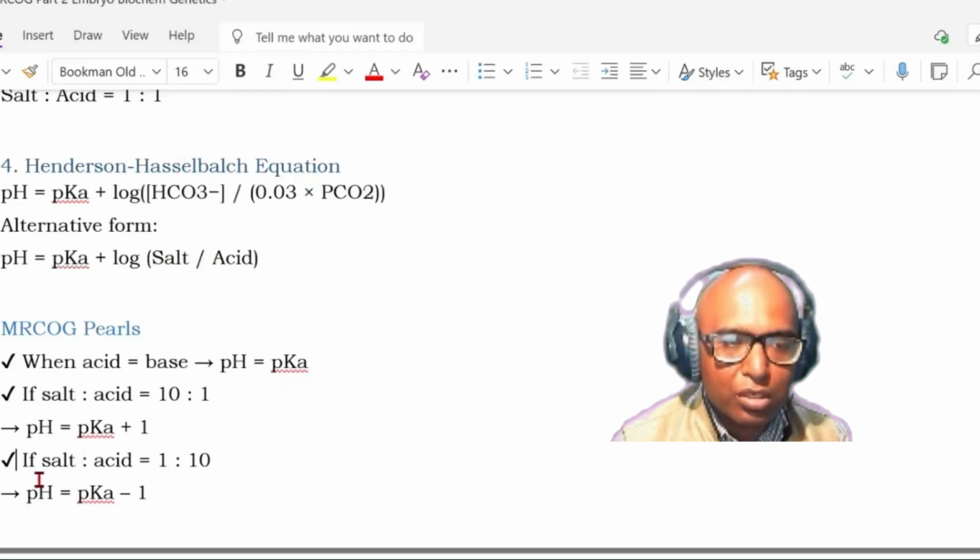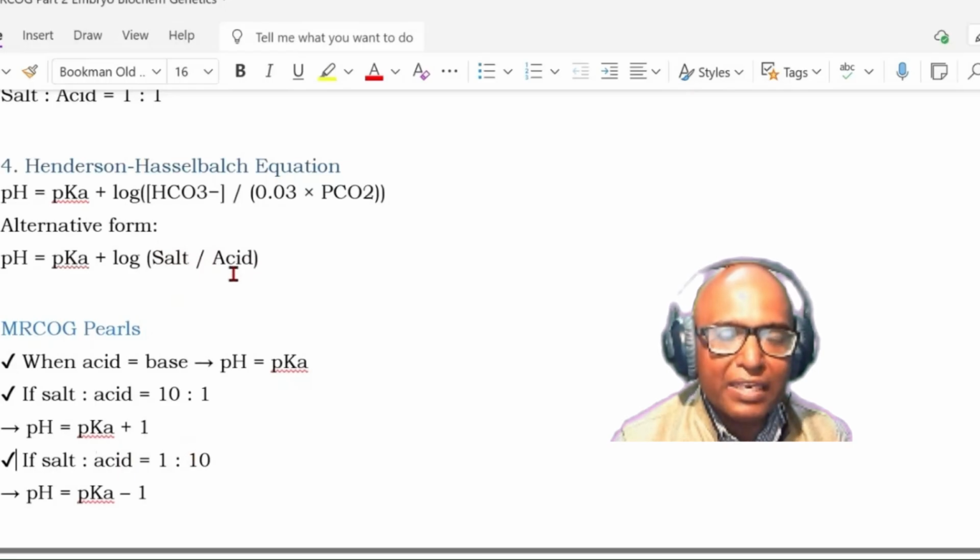And if the salt to acid ratio is 1:10, at that time pH will be pKa minus 1. So it depends upon this salt to acid ratio. Remember this: the Henderson-Hasselbalch equation is related to acid base balance, where pH equals pKa plus log of salt upon acid.